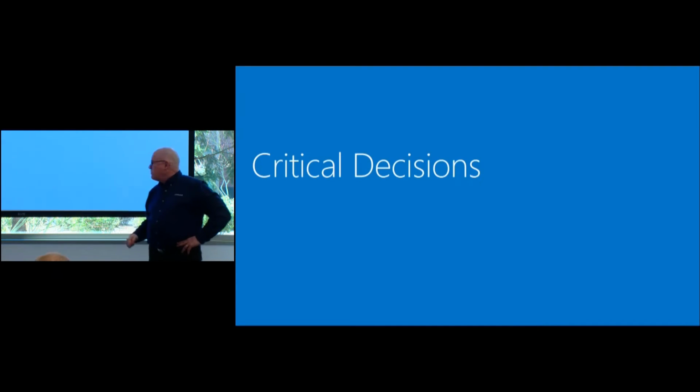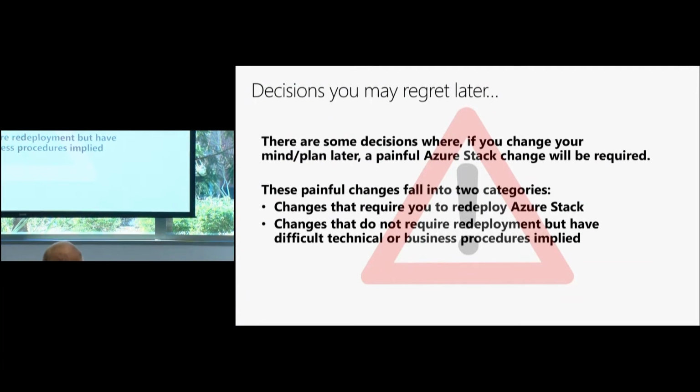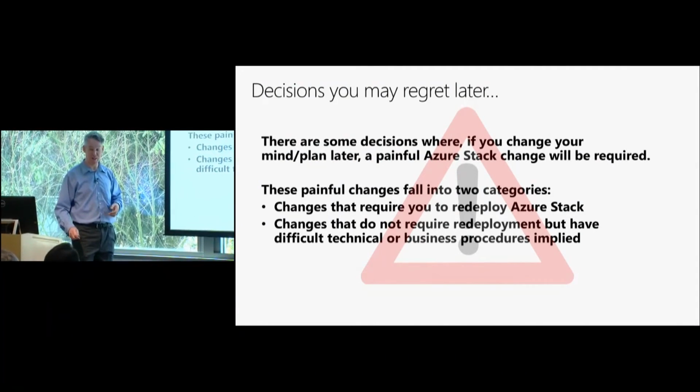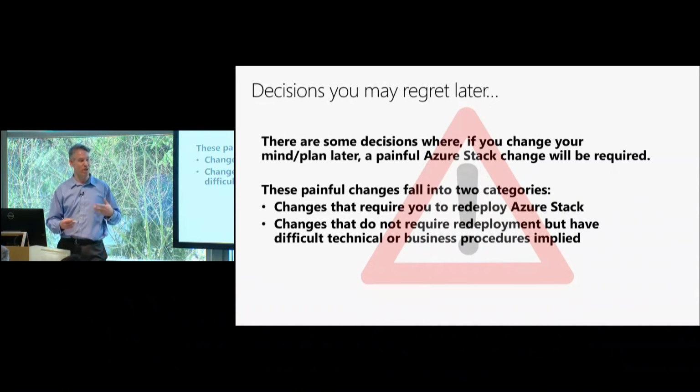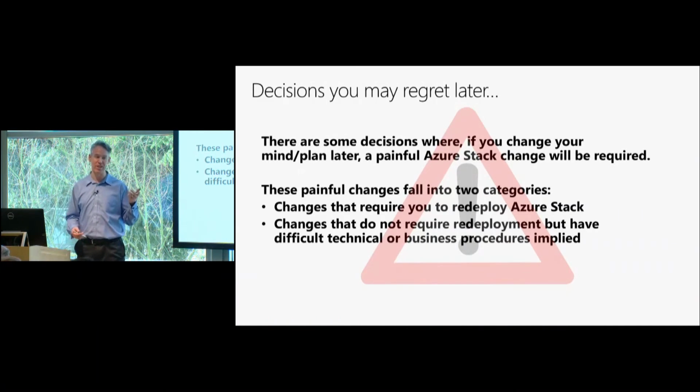Okay, so the last little section here is we alluded to a bunch of decisions that you might make that could be very bad or just a little bit bad. So this just recaps them into a couple of slides. There are some decisions that you might regret making, and we've seen real world example cases of this. There's a couple of categories. One is bad decisions that will make you redeploy your Azure Stack. And that's the whole week-long process we just talked about.